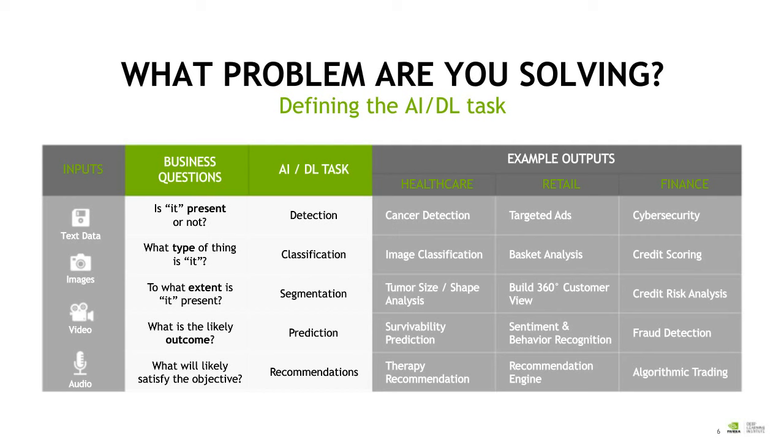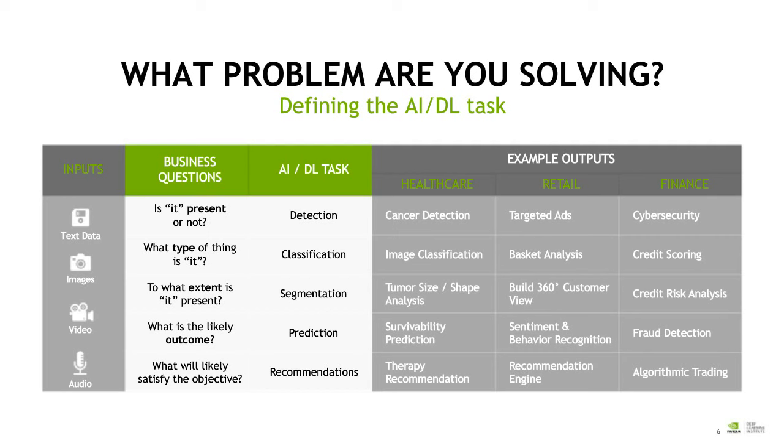The output domain is determined by the question to ask of the input data, and the question itself indicates the type of deep learning task you need to perform in order to map the input domain to the output domain. This table shows a sampling of use cases where deep learning can be applied in healthcare, retail, and finance. For example, if the question requires a yes/no answer telling you whether something is present, the task is detection.